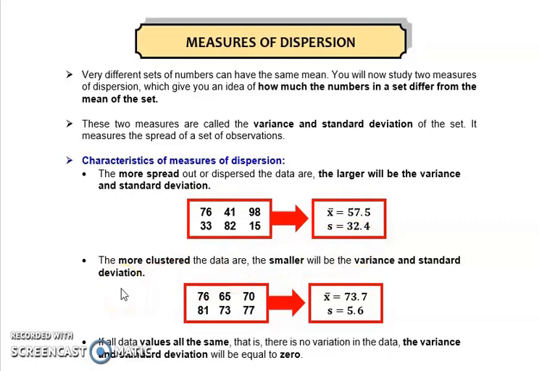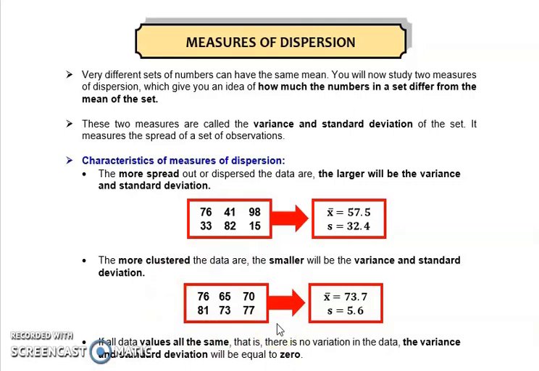Secondly, the more clustered the data are, the smaller will be the variance and standard deviation. So what is meant by more clustered? For example, in this data we can see that there is only a slight difference between the numbers.